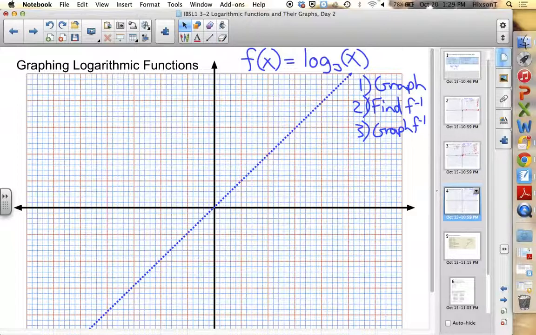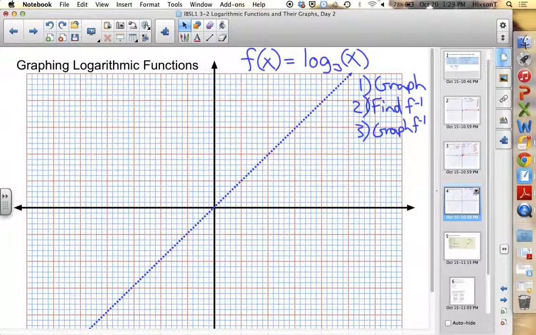Okay, yes. So, is it inverse? Well, to do the inverse, and this was chapter 1, so this is before you joined us, you switch the x and y coordinates. If you go back to the beginning, x equals the log base 3 of y.